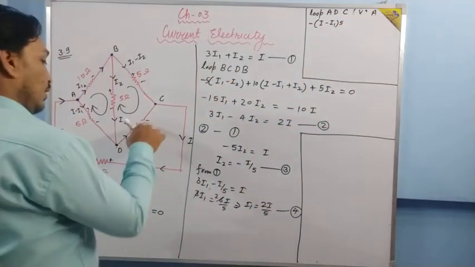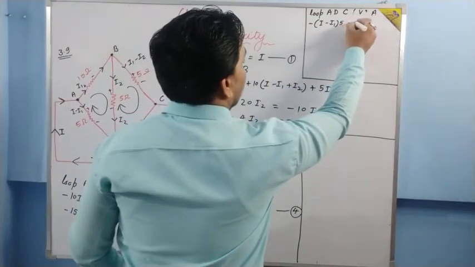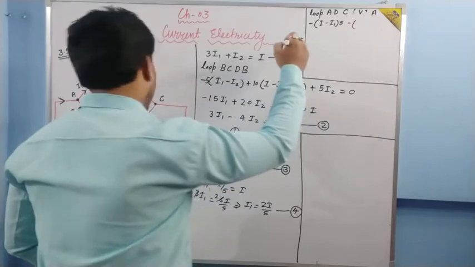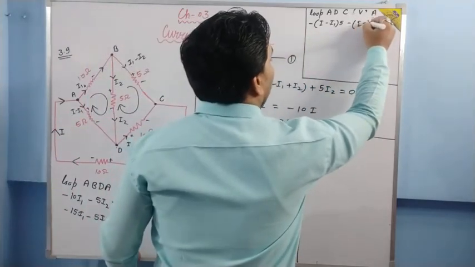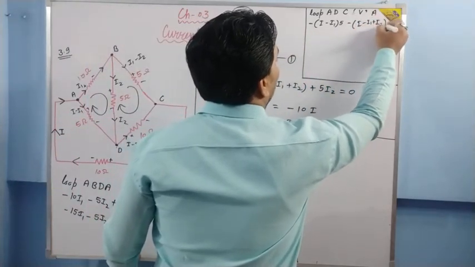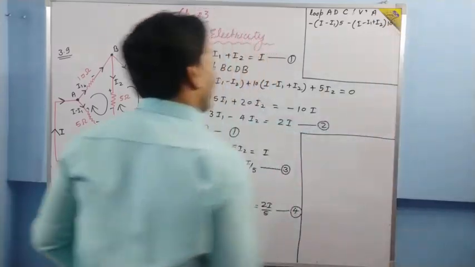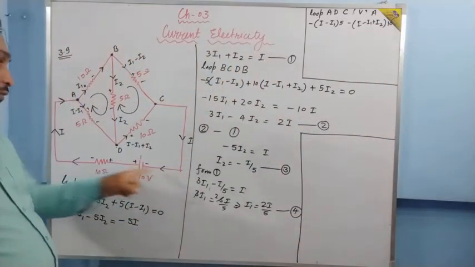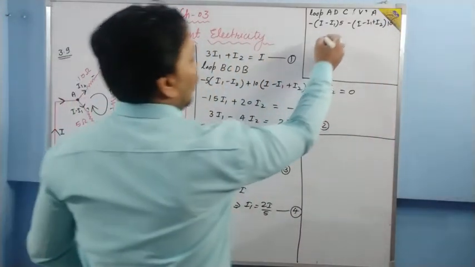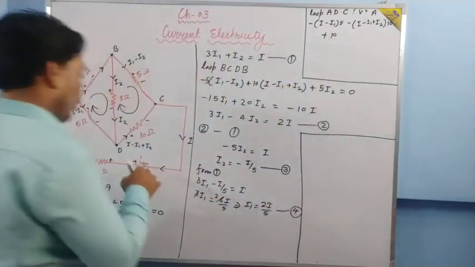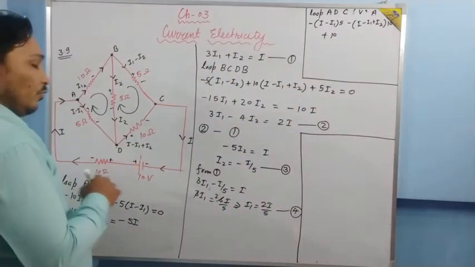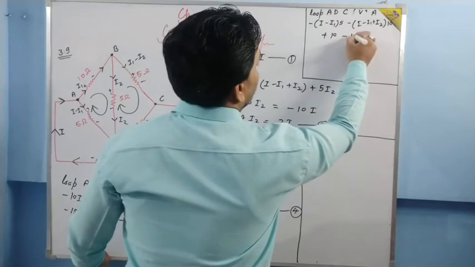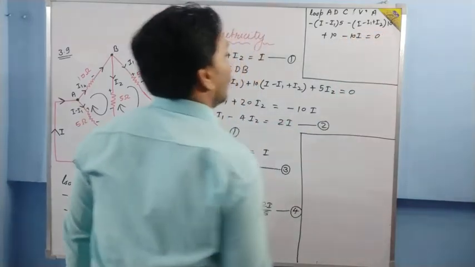Then plus to minus, it will become minus, and it is I minus I1 plus I2 into what? 10. Then after we'll move for the cell, it will become plus 10 because we are moving minus to plus, and now we are again moving plus to minus. So minus 10I is equal to 0.